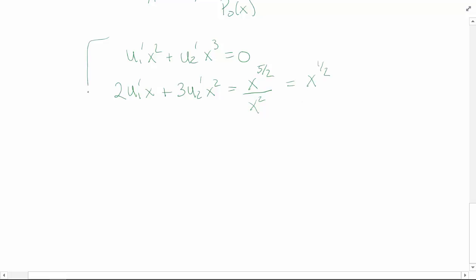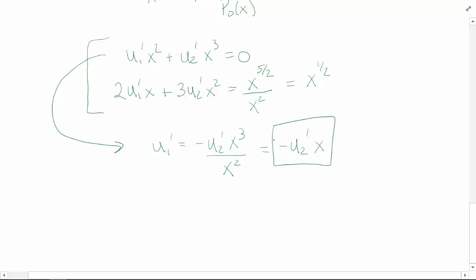So now I have to solve this system right here. The way I'm going to do this is I'm going to take the first equation and solve for u1 prime. So u1 prime is equal to negative u2 prime x cubed divided by x squared, which is negative u2 prime times x. I'm going to plug that in for u1 prime into the second equation. So 2 times negative u2 prime x times x plus 3 u2 prime x squared is equal to x to the 1/2.